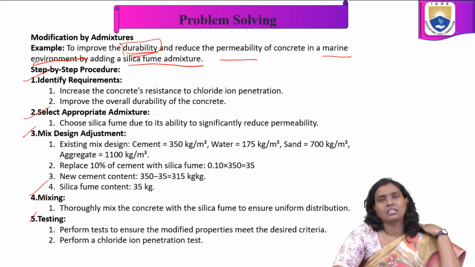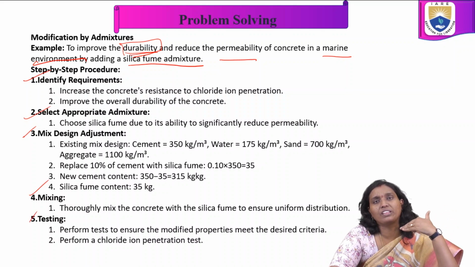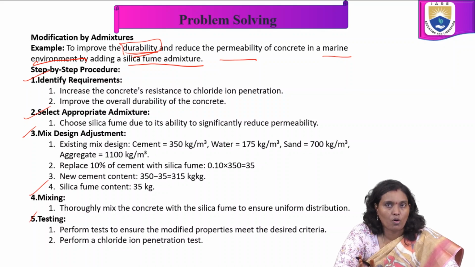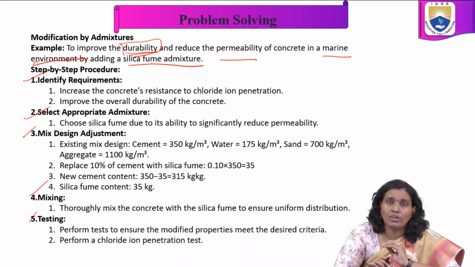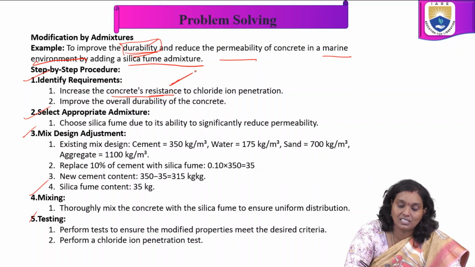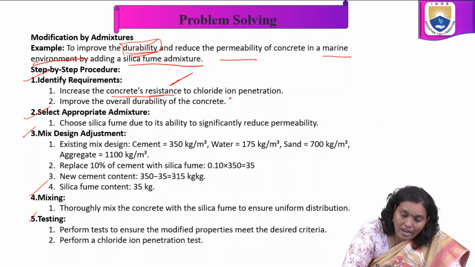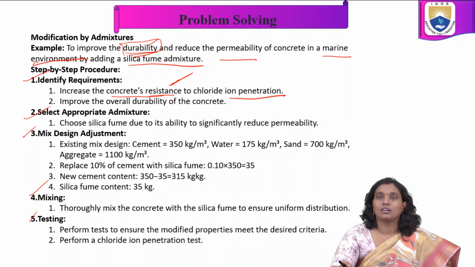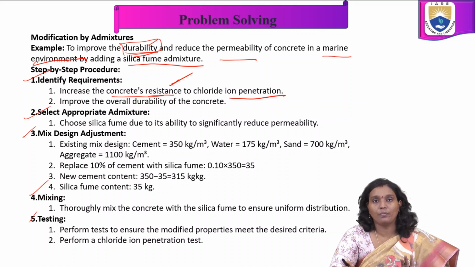These are the steps involved in modification by admixture using these physical and chemical modification techniques. Identifying the requirement means increasing the concrete's resistance. Whenever it is durable, we are increasing the resistance to chloride ion penetration. So durability is nothing but an increase in concrete resistance.